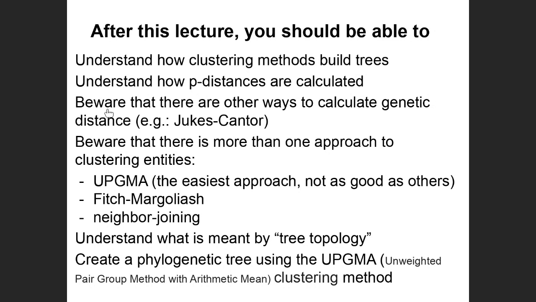It's just to convey the idea of how it's done. And here when I say beware, I just wanted you to know that there are other ways of calculating the genetic distance. Jukes and Cantor were mathematicians who said, well, I think we should make these corrections too. And you don't have to understand the corrections. If you're not a math major, you might go like, oh, when I show that slide, that's okay. Even math majors go, oh, but then they actually go through it and they go like, oh, I see.